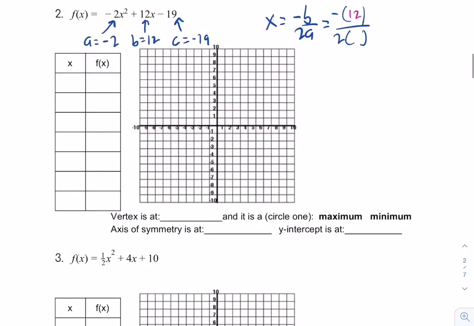All right, so your b is 12, a is -2. Substitute that in there. We get -12 over -4, which is 3. So it's our x value of vertex, 3. Write that in there. 3.